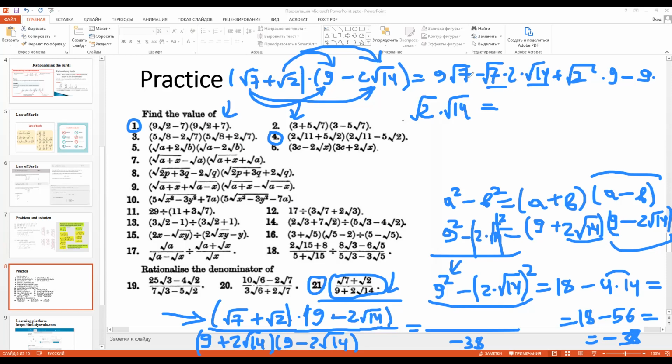But you can't multiply this one because you have subtraction between these pairs, you know. So 7 on the square minus 2 multiplied, you can take the common root, and the 7 multiplied by 14.